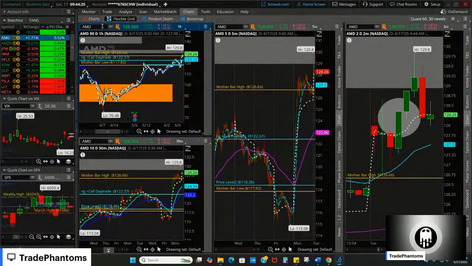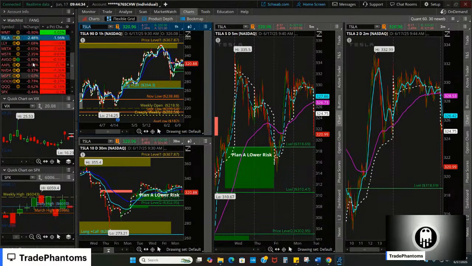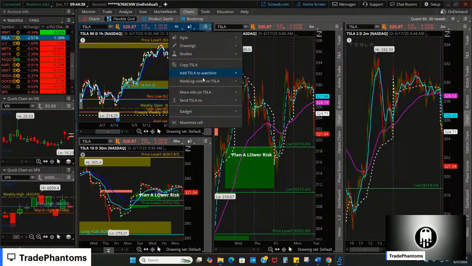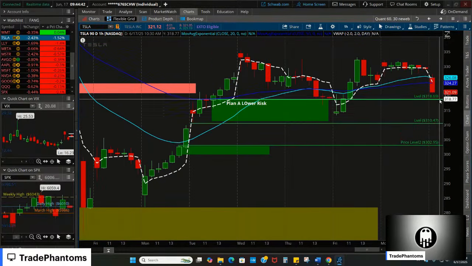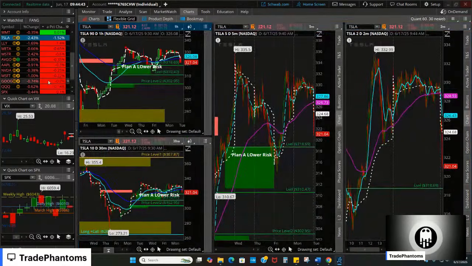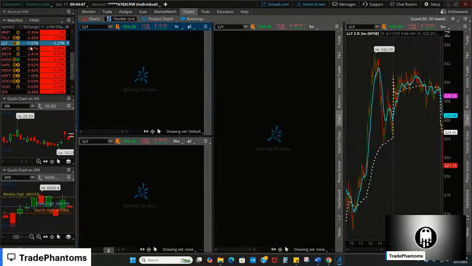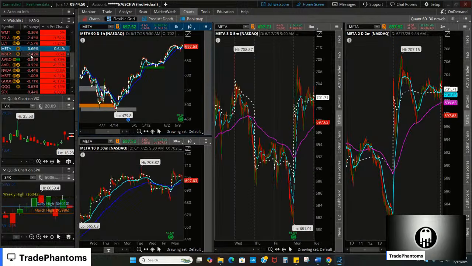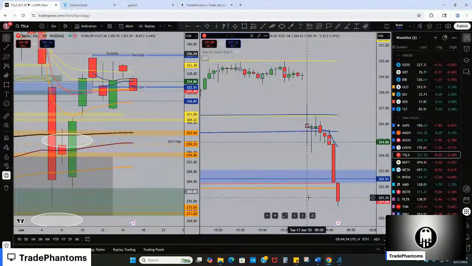Tesla getting smacked lower. That's relatively weaker. This is breaking down a bit. So Mag 7's not looking too great here.